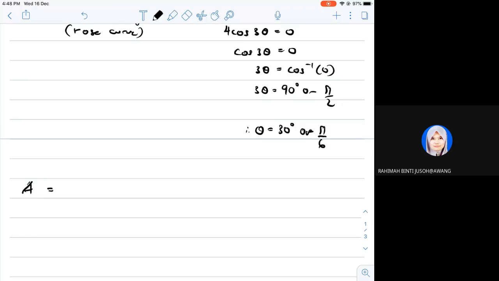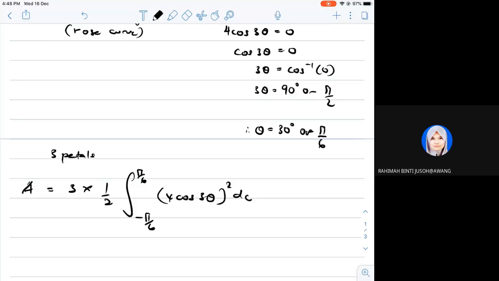We have 3 petals, isn't it? So we have 3 multiplied by the formula, 1 over 2, and then integration from negative pi over 6 until pi over 6 of (4 cos 3 theta) squared d theta.